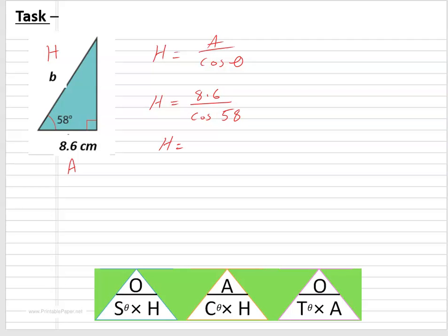So I'm going to enter that on my calculator now. That gives me 16.228, and that would be B equals 16.23 centimeters to 2 decimal places. So press pause while you copy that down.